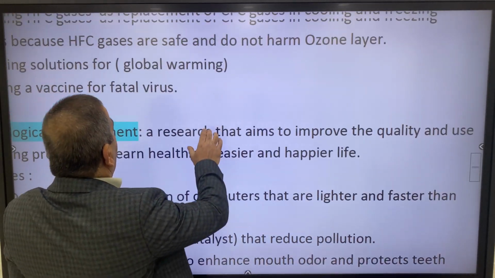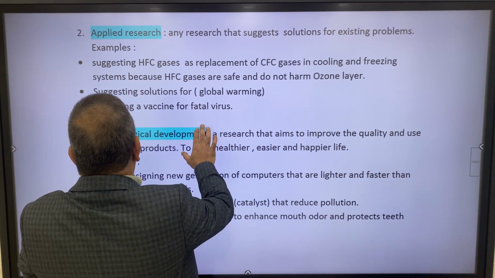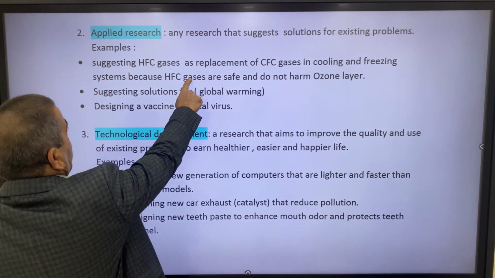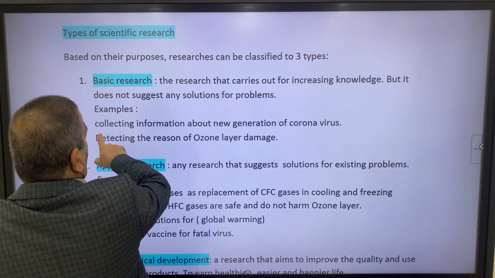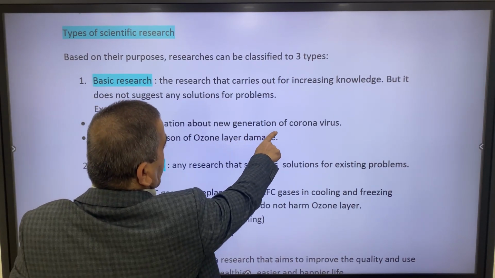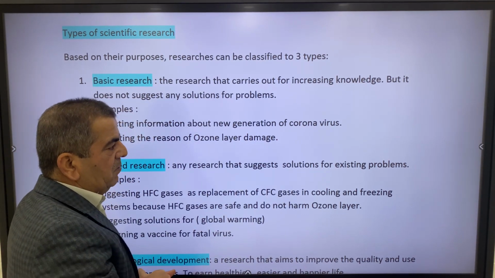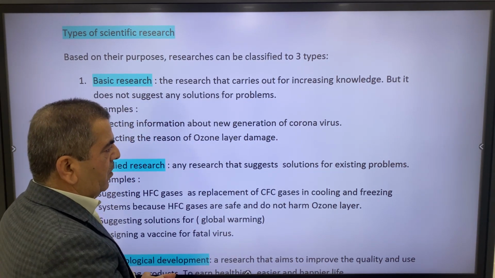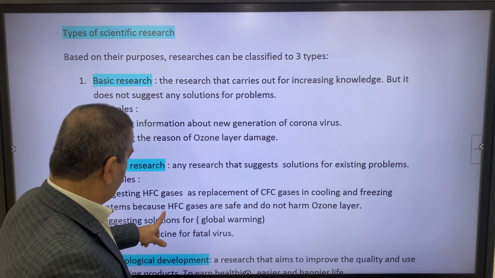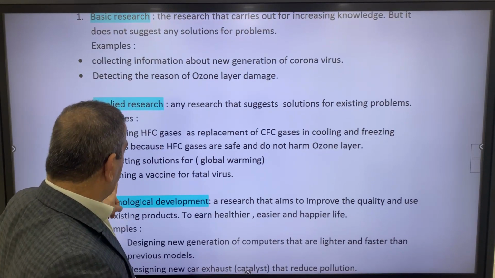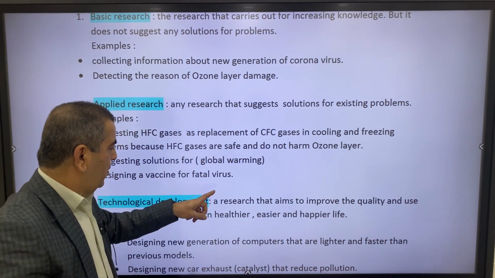So here we said many examples. For example, for basic research, collecting information about what? About a new generation of coronavirus. Okay, it's a good example for basic research. For applied research, using what? Using or designing a vaccine for a fatal virus.